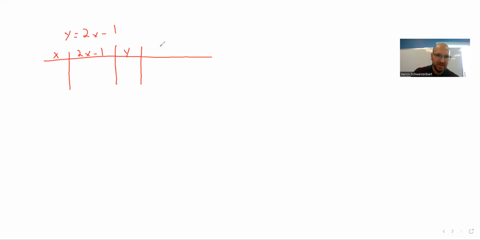Sometimes we're going to graph the line using an XY table. And on your worksheet, you have XY tables that look kind of like this. So you get an equation, y equals 2x minus 1. So here they put 2x minus 1. We're going to fill it in, y, and then xy.